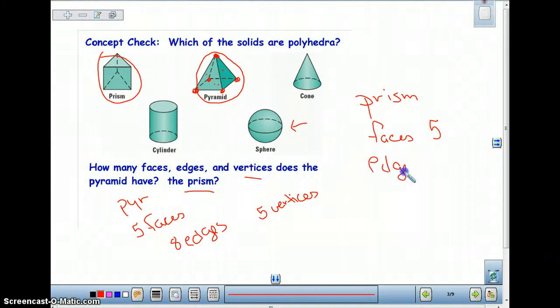When we look at our edges, we've got 1, 2, 3 edges there, 3 edges down on the bottom, and then an edge here, an edge back there, and an edge back there. So that gives us 9 edges. When we do our vertices, I'm checking out 1, 2, 3, 4, 5, and 6 vertices. So you have to be careful when you're counting those that you get all of them.